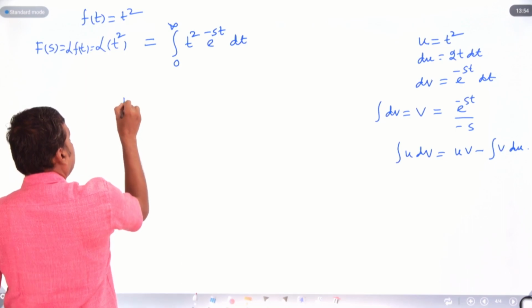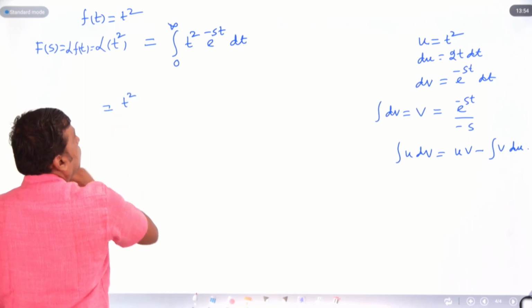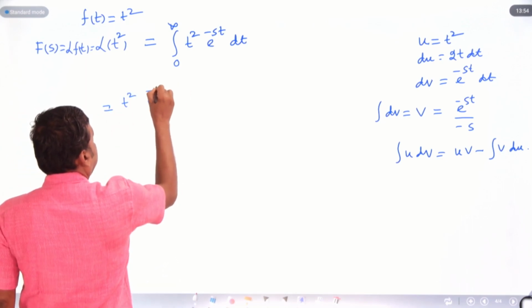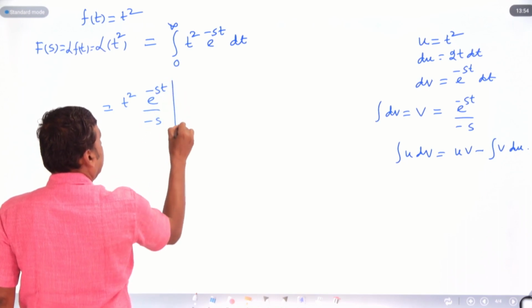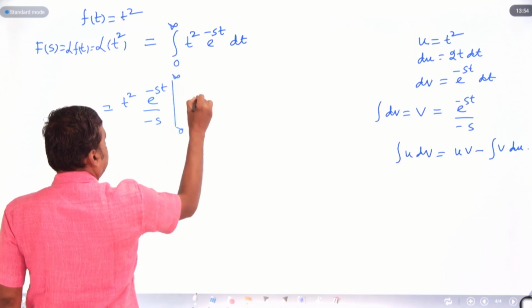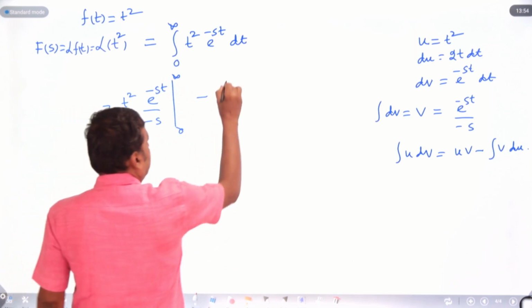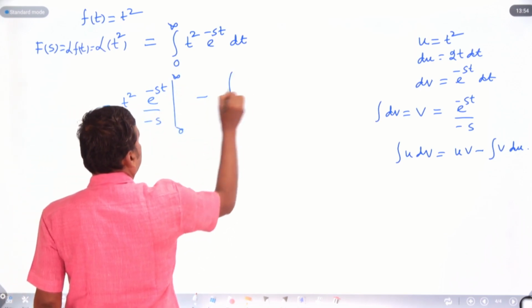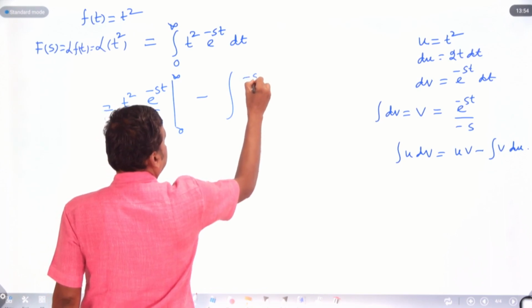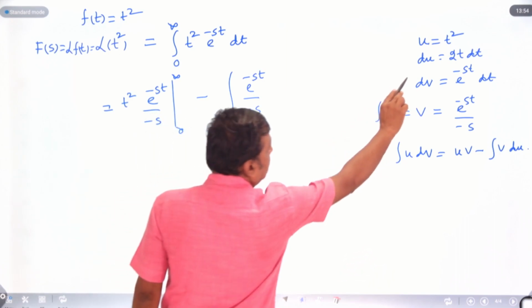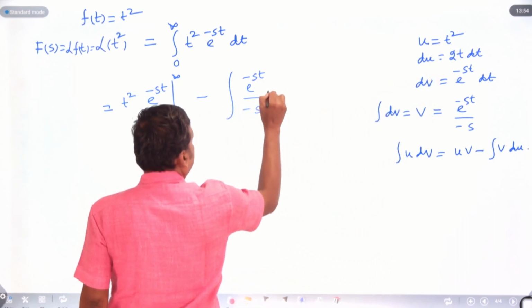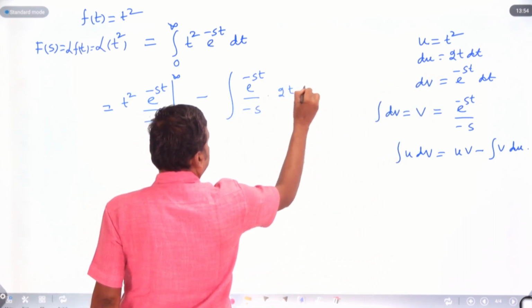So t square, u into v, e to the power minus st by minus s, with limits 0 to infinity, minus the integration of v into du. Here v is e to the power minus st by minus s, into du, and du is 2t dt.